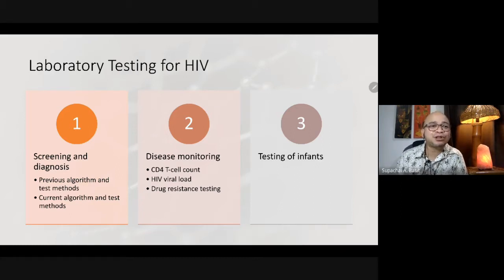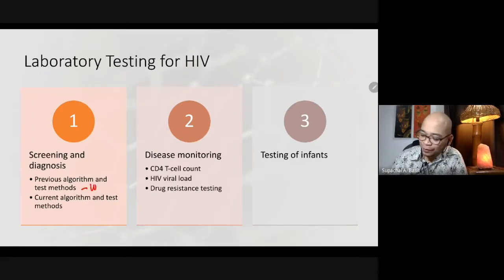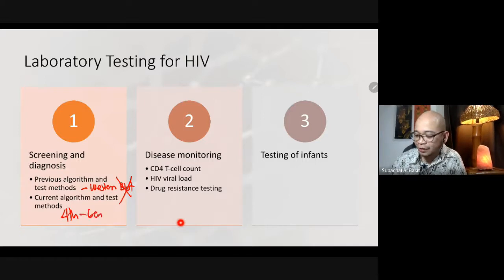Before we were taught that in the previous algorithm, Western blot is the confirmatory test, but it is no longer the Western blot. It is now the fourth generation ELISA that is considered to be the confirmatory test for HIV. It is not anymore the Western blot.